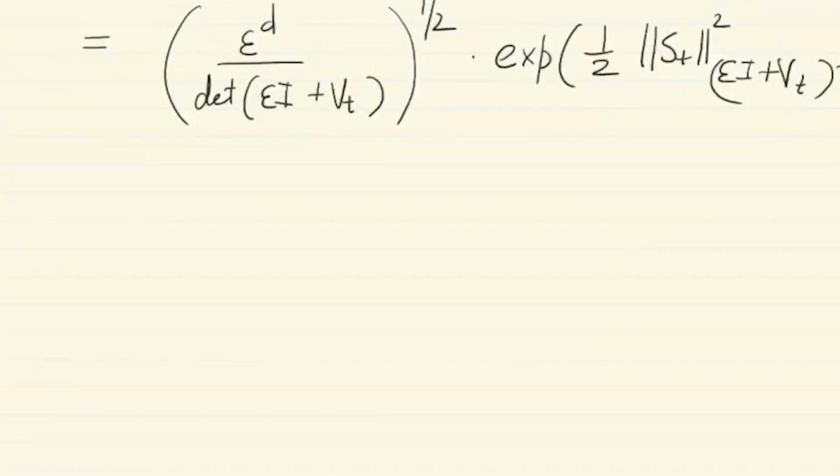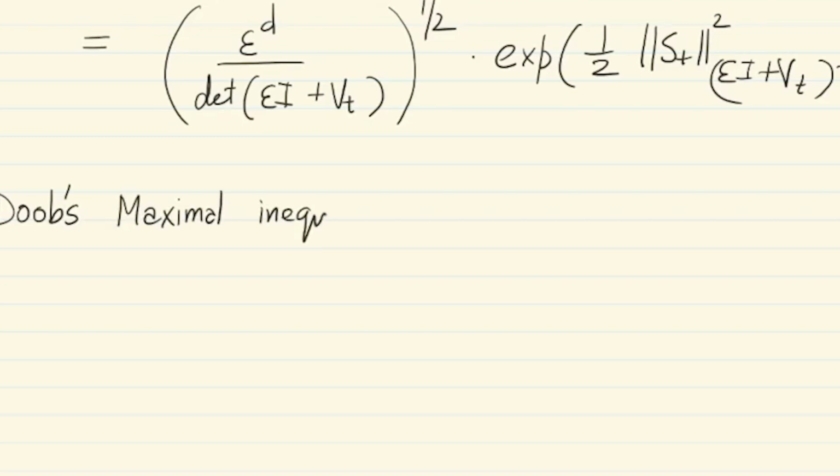To finish the proof of the result, we will appeal to a standard result in martingale theory, which we will not prove during this course. You can go and look up the proof separately. This is called Doob's inequality, or Doob's maximal inequality for martingales.